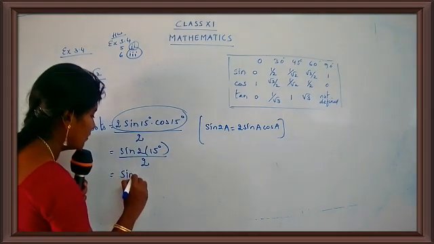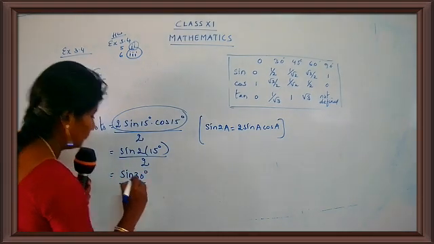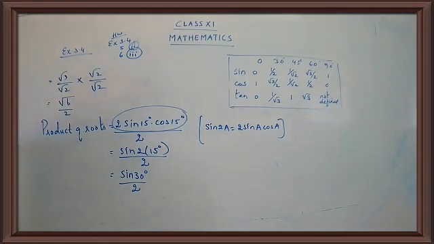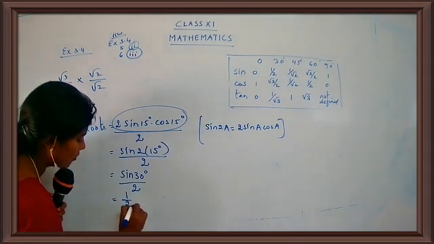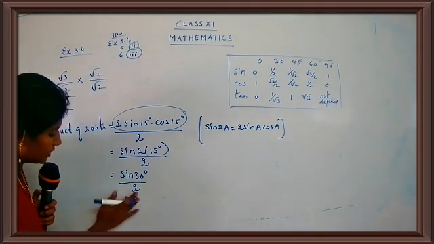So sine of 30 degree upon 2. Getting my steps? What is the value for sine 30, children? Yes, it is half. So this will be, careful, half upon 2. Shall I continue over here?